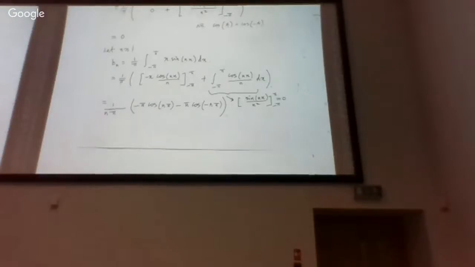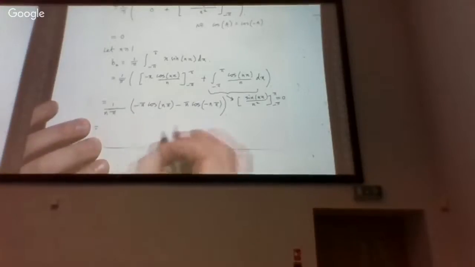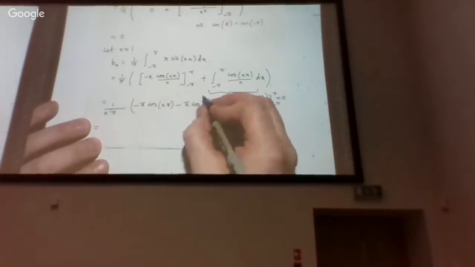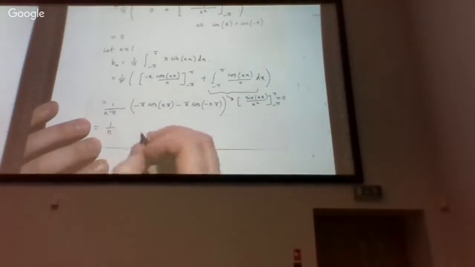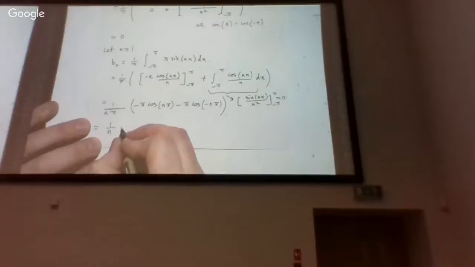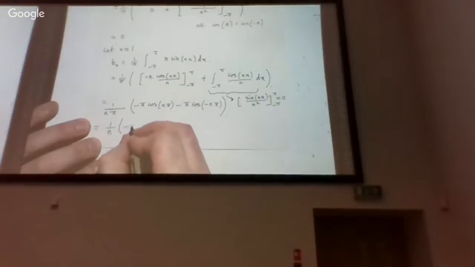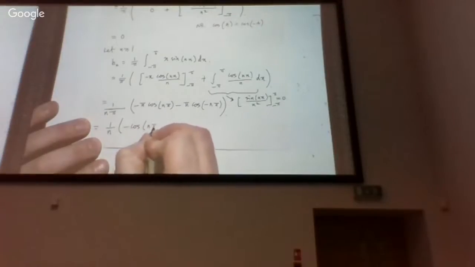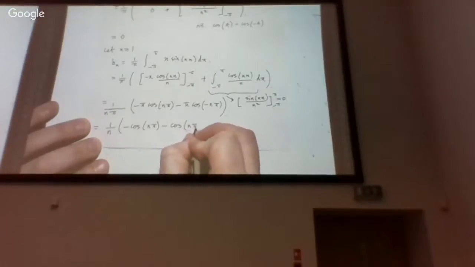Yeah, you've got to keep track, careful accounting of minus signs here. And this factor of pi will cancel out with this pi here. It'll just be left with 1 over n. And let's take that, 1 over n minus the cosine of n pi minus the cosine of n pi again.